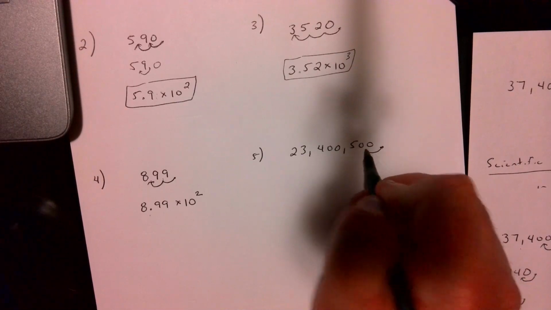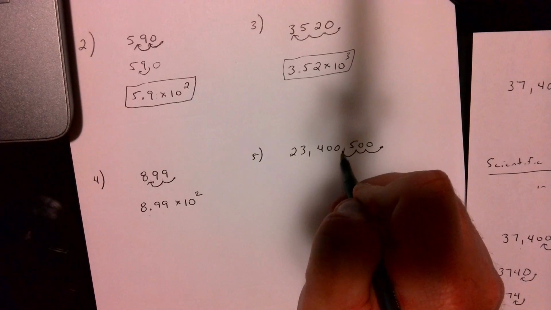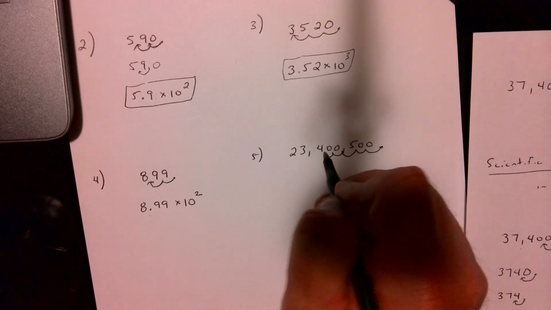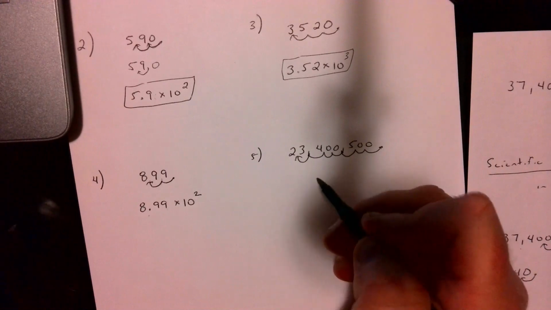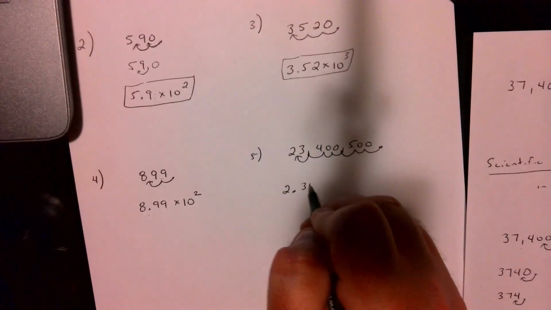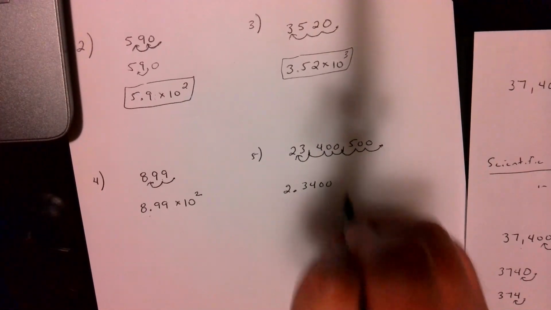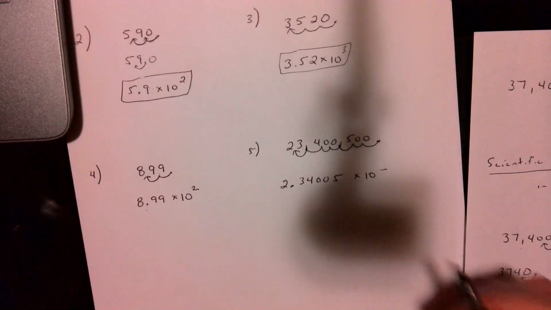So if we go 1 time, 2, 3, 4, 5, 6, 7 times, we end up with 2.34005, then times 10 to something, right?